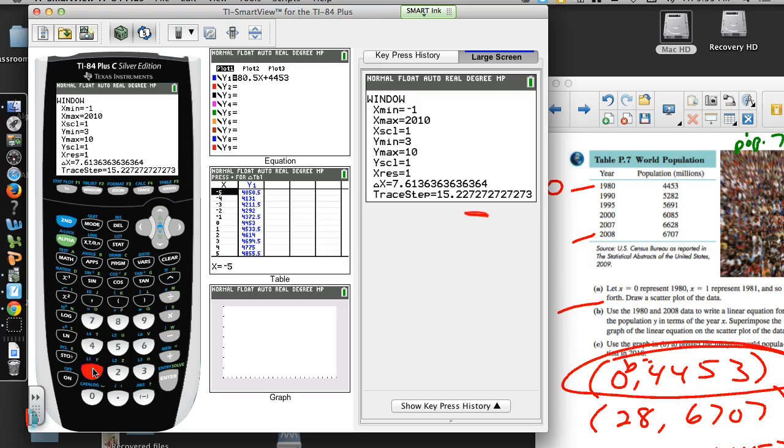Give it a little bit of space. -1 to 30. And our y's went from 4453 to 6707, so maybe 4,400 to 6,800.